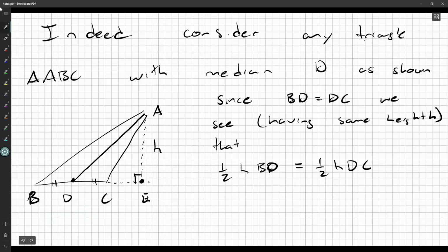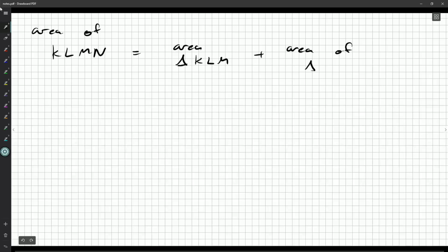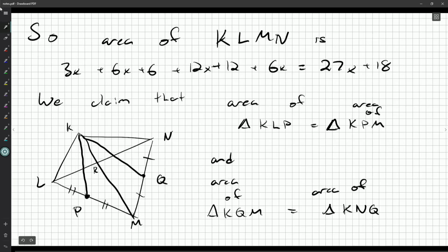So what does this mean for us? Well, this means the area of KLMN is equal to the area of triangle KLM plus the area of triangle KNM, but both of those, here's one of them, here's the other, both of those can be split into, or realize that they're just twice these smaller areas.